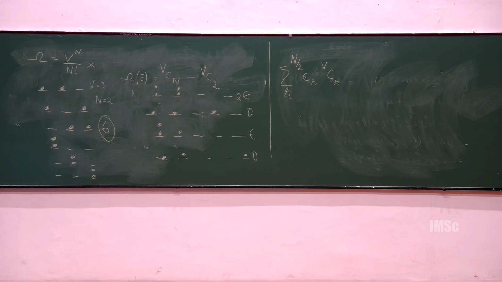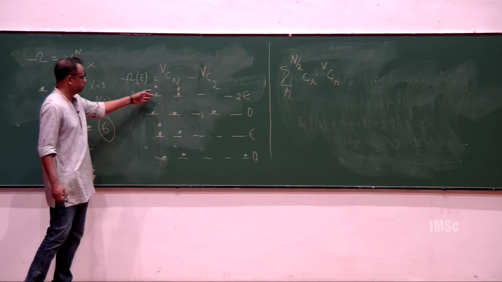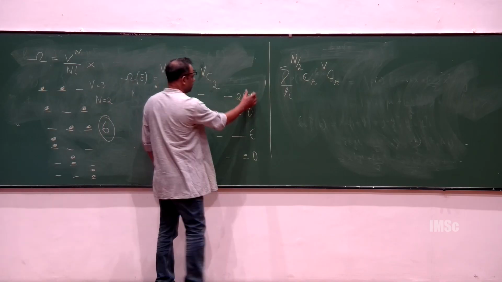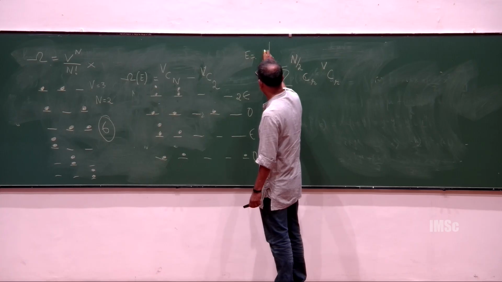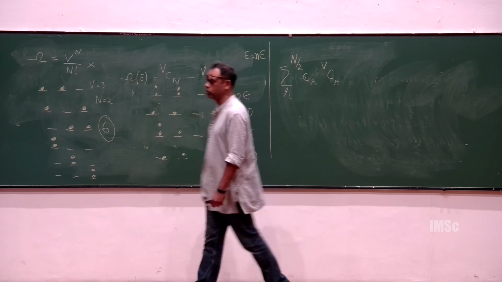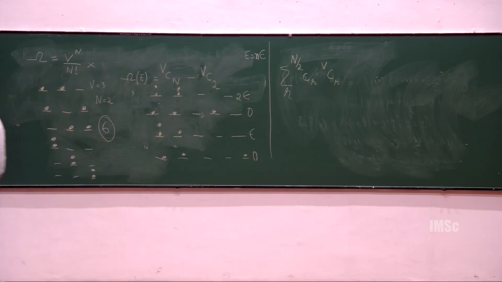How will one do this? Suppose I say my total energy is E. How many pairs are there? If my total energy is E, how many pairs should be there? Say epsilon is equal to 1. Suppose I choose my total energy to be n times small epsilon.